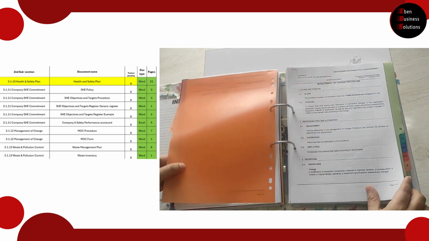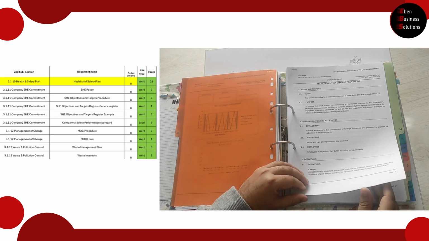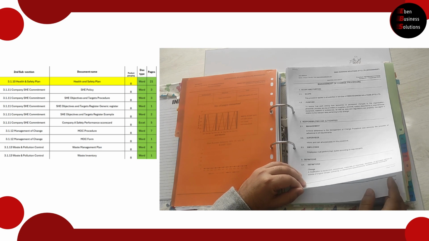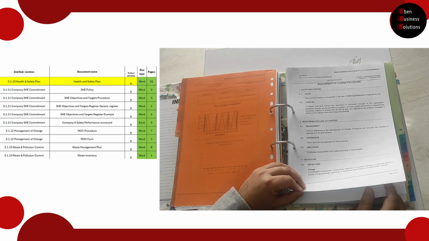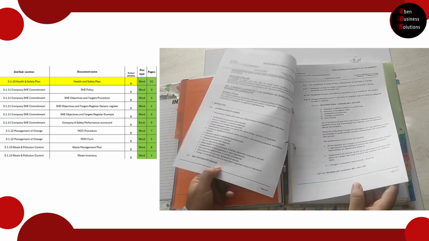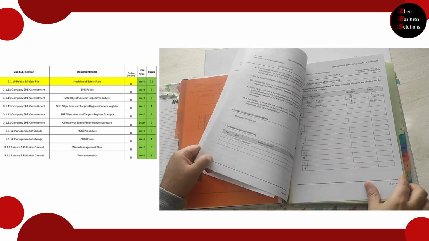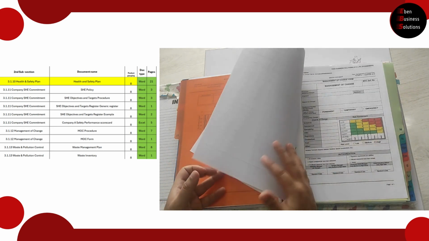Then we go to the management of change procedure. So every time a change occurs, you need to properly follow a process to ensure that the change is implemented, consulted with the relevant parties and communicated to the employees. So this explains your company's management of change process and how it's going to be implemented.